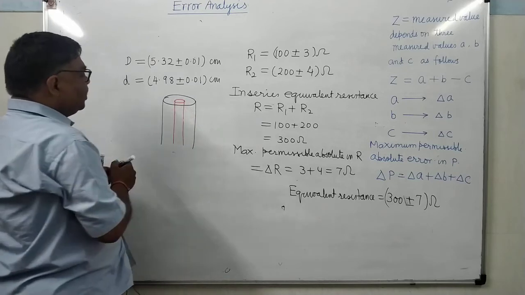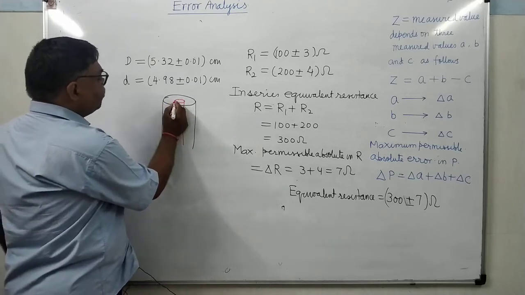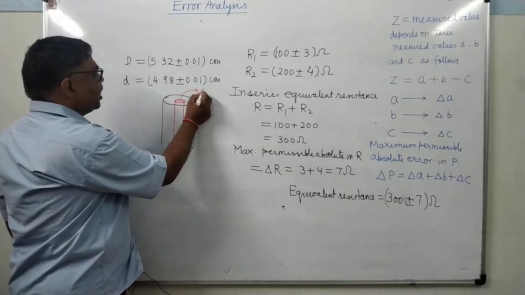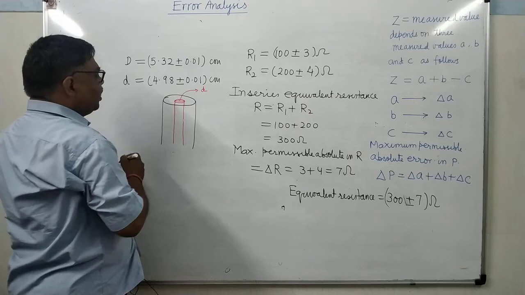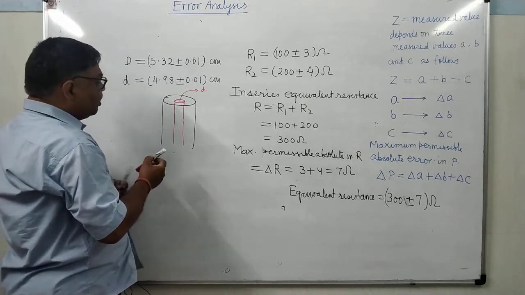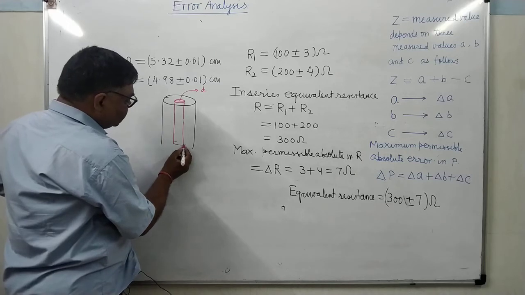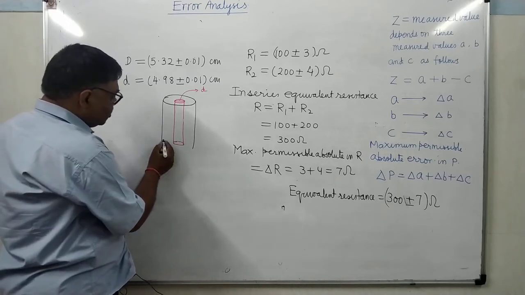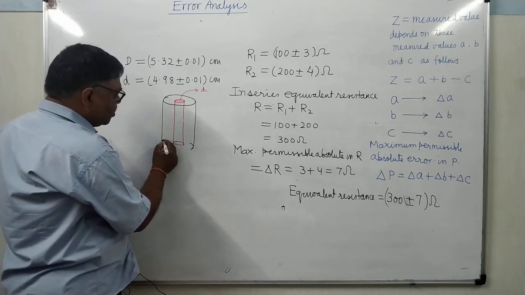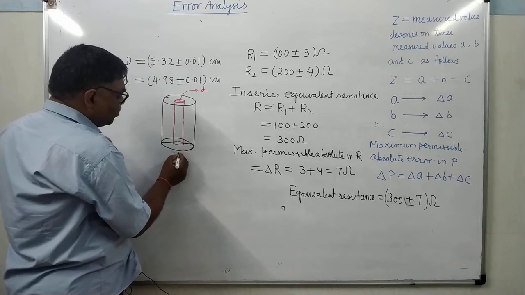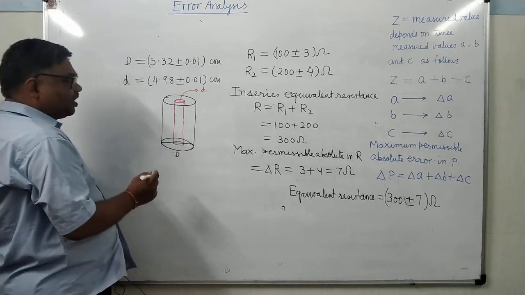This value is small d, and this whole value is equal to capital D. What will be the thickness?